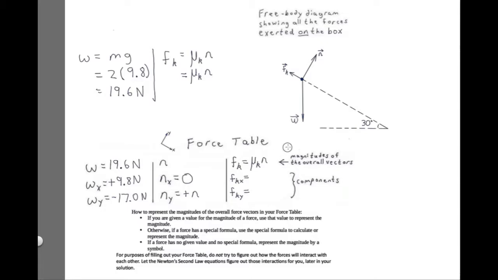I think this is the first problem where we weren't able to plug in any specific numbers for a special formula. But you can see that you shouldn't let that concern you too much. If you can't plug any specific numbers into your special formula, then you just continue to use symbols in the special formula. That gives you an algebraic expression for the magnitude of the force, and we just write that algebraic expression here in this first row of the force table.